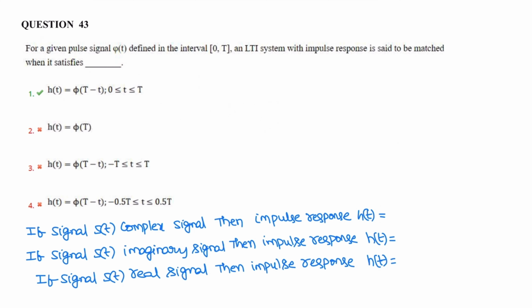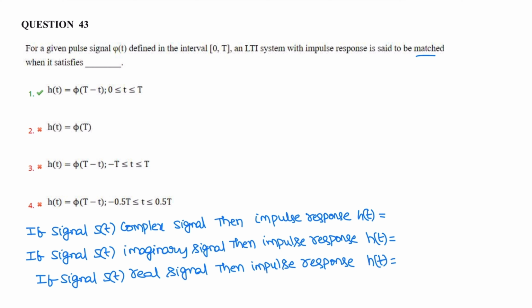Next question. Given a signal pulse phi of t, an LTI system with impulse response is said to be a matched filter. First we will see the definition of a matched filter.